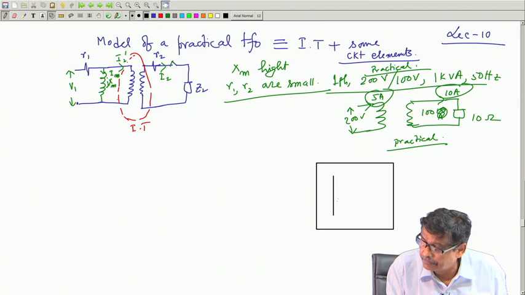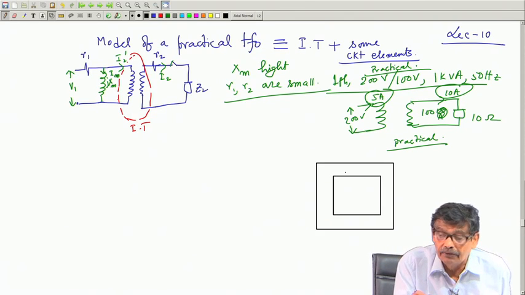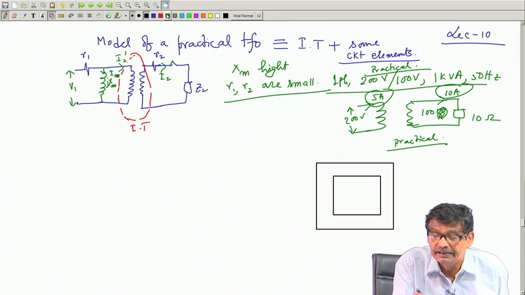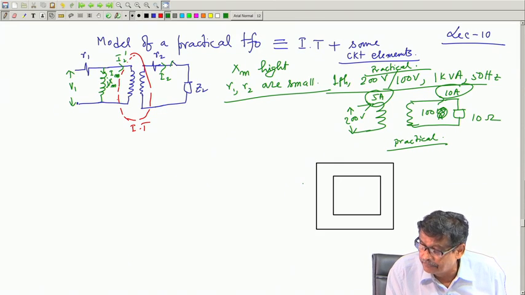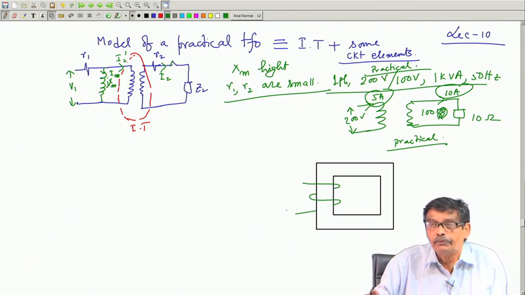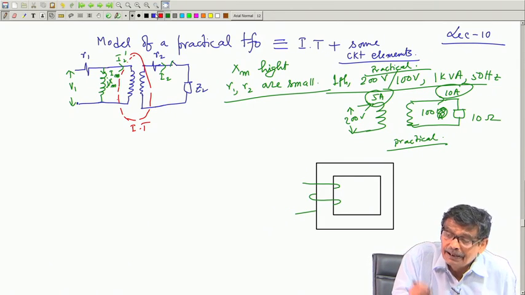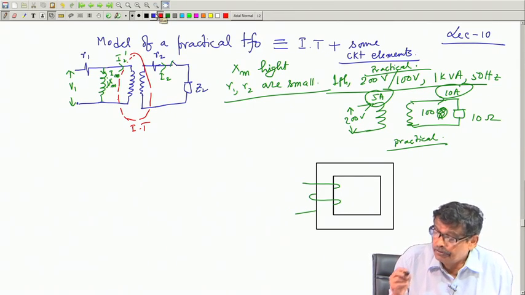Suppose you have a transformer. What I have assumed earlier is that here is your winding, and I assumed that all fluxes were confined to the core. In reality, in a practical transformer, it is not going to be like this.